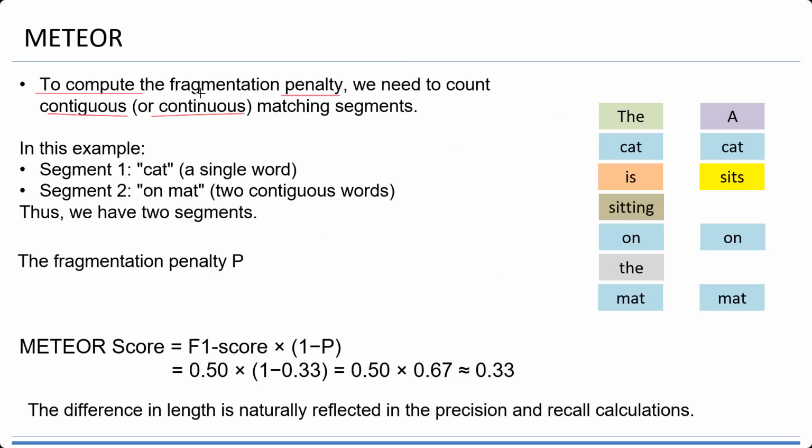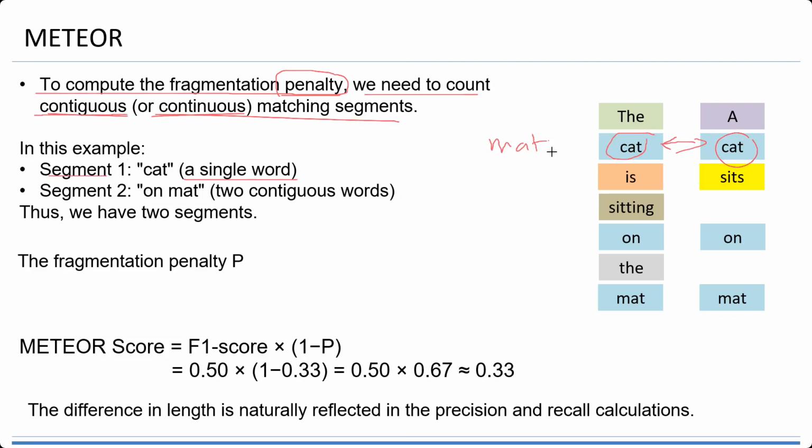We need to compute the fragmentation penalty. We need to count the contiguous or continuous matching segments. So in this example, we have cat. This is a single word. These two are matching.